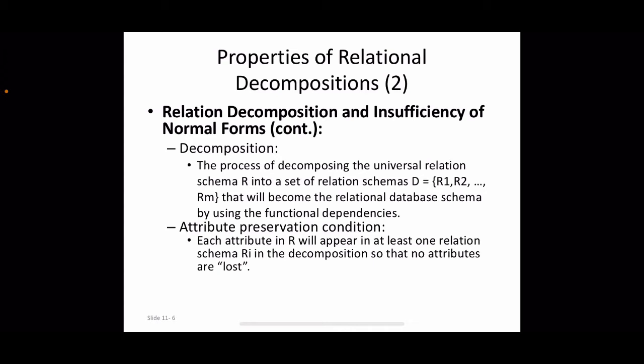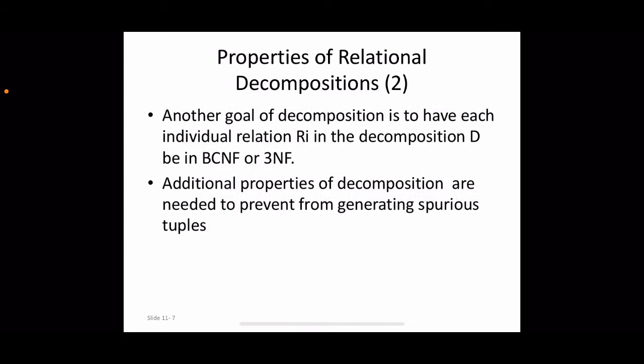We are decomposing this into a set of relations, and these attributes will be members of some of these sub-relations. The attribute preservation condition says that each attribute in R should appear in at least one relation schema. So it should not be lost. Another design goal is to have each individual relation Ri in the decomposition D be in BCNF or 3NF.